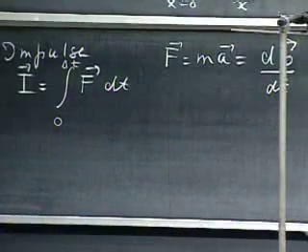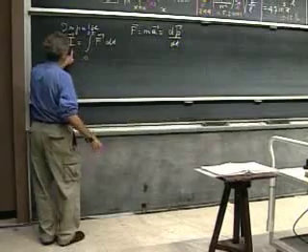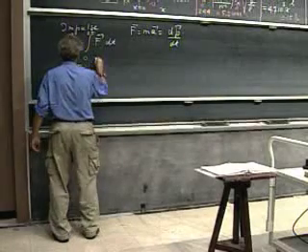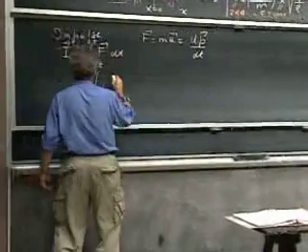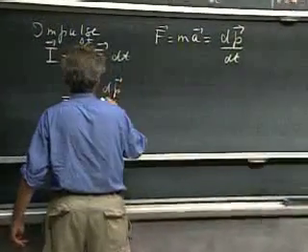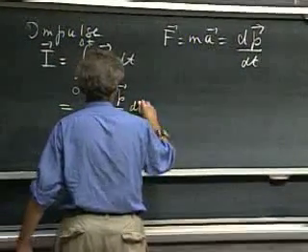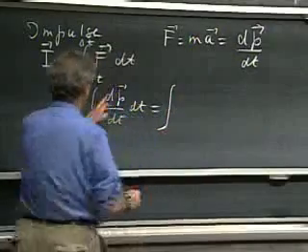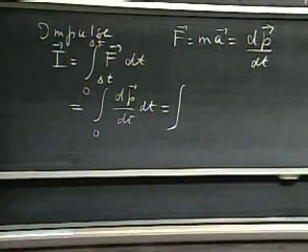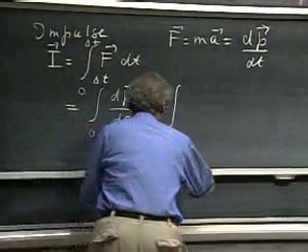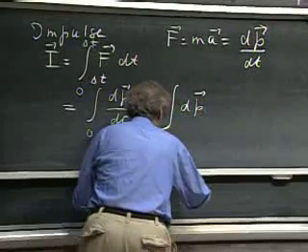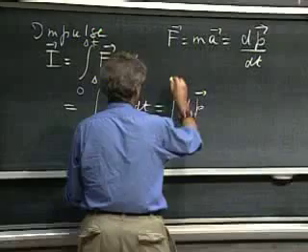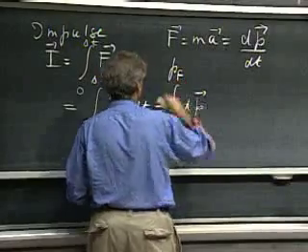The rate of change of momentum, and so I can substitute that in here, and so I find then the integral from 0 to delta t of dp/dt dt, and that makes me move to the domain of momenta. So I have now simply the integral over dp from some initial momentum p_i to some final momentum p_f.